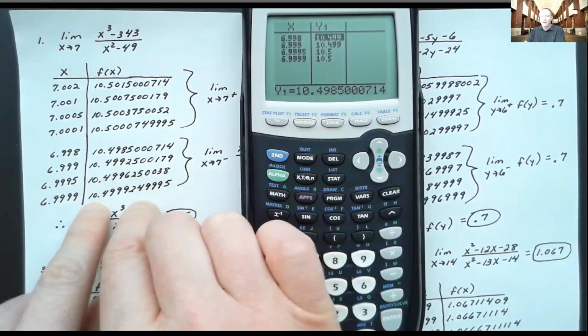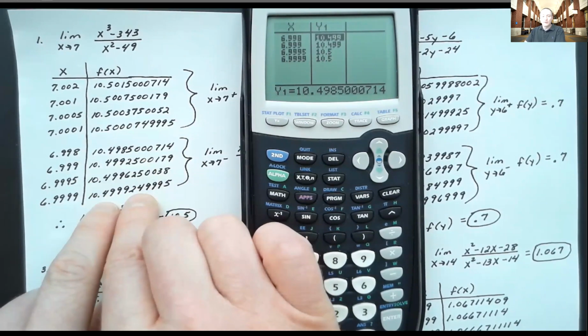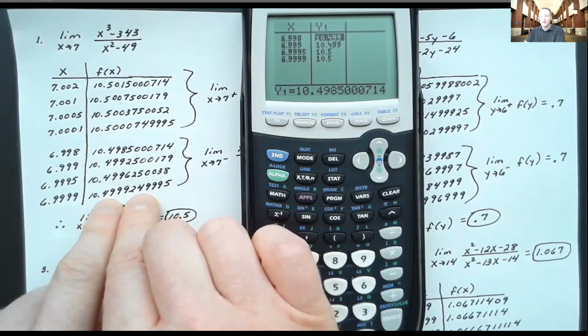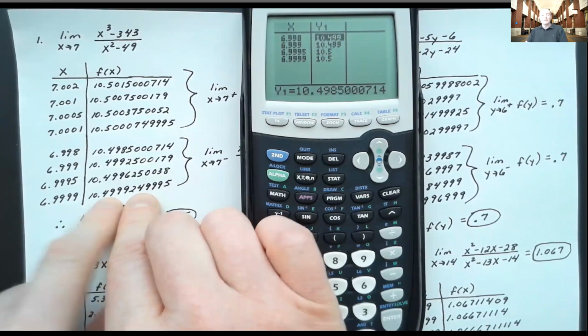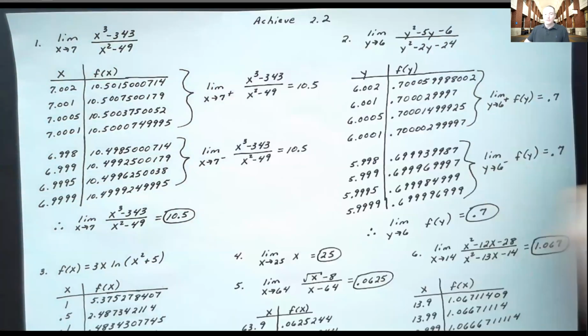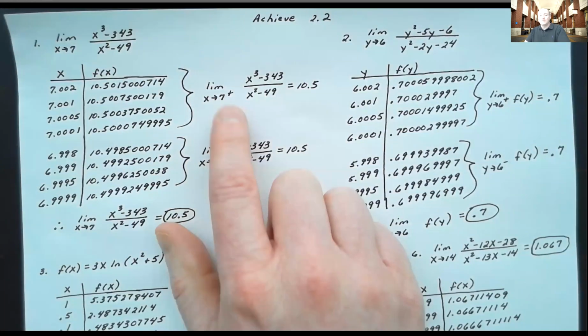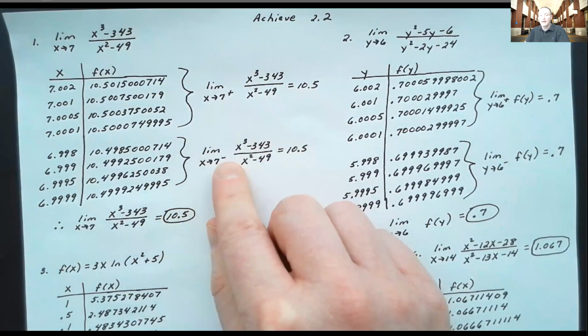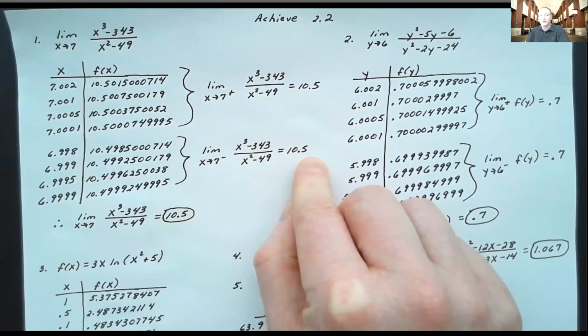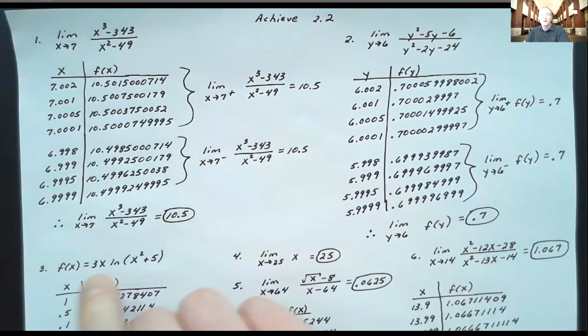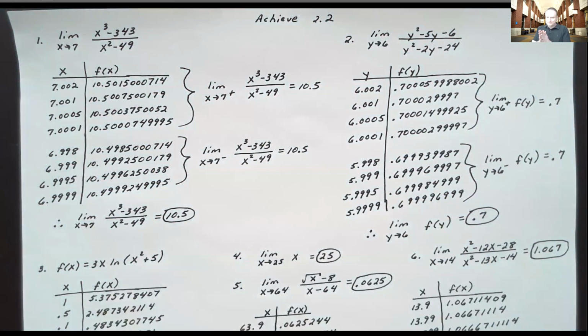So I can see that this is going to be approaching a value of 10.5. And so now I can see whether the limit is approaching 7 from the right or from the left, that y value is approaching 10.5. So now I have the limit for this first problem.